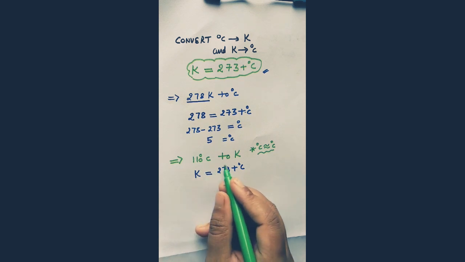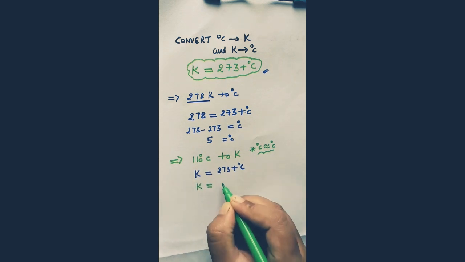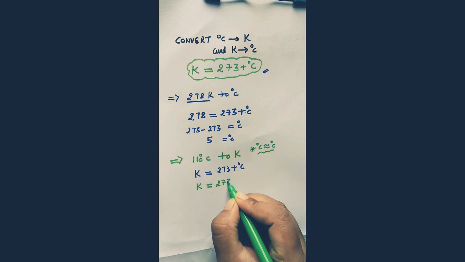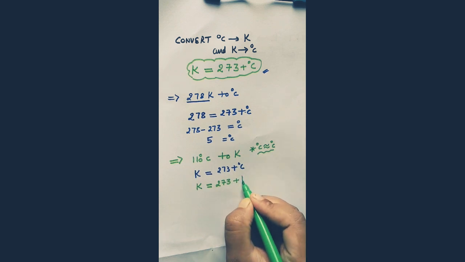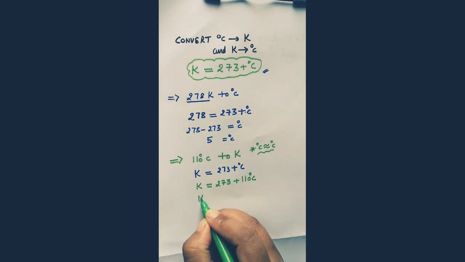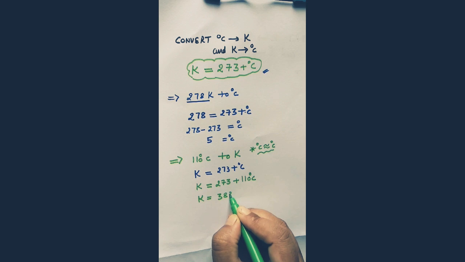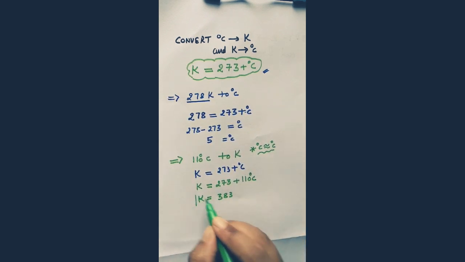Now coming to the question back, we'll write K equals 273 plus the value given in degree Celsius, that is 110. K equals 383 Kelvin.